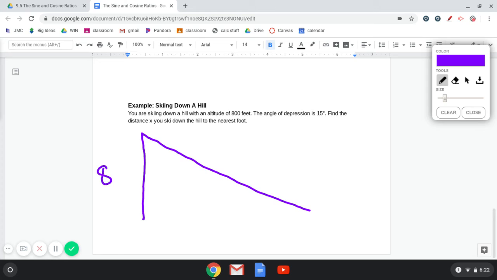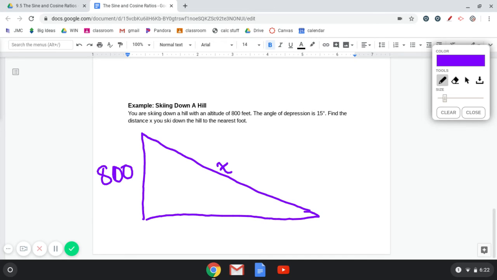So this is 800. The angle of depression is 15 degrees, and you're trying to find the distance x you ski down the hill. So this is your hill. So this is our distance x.